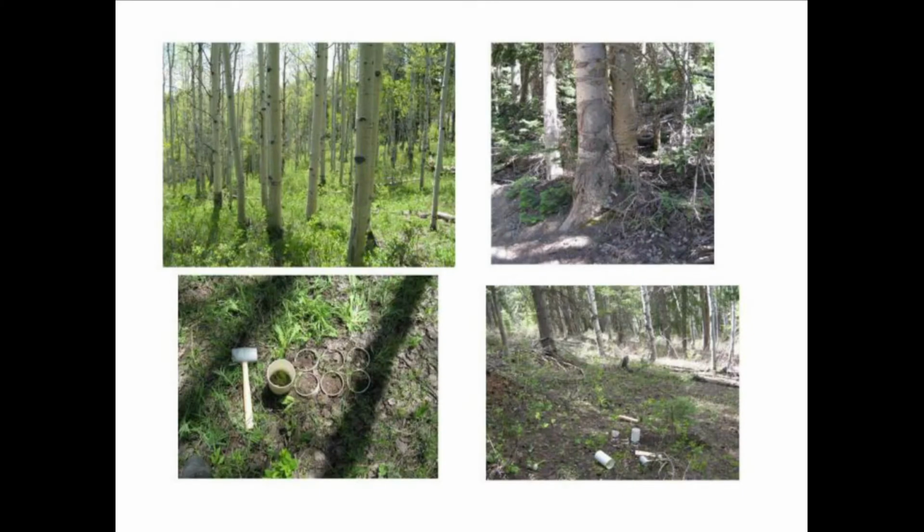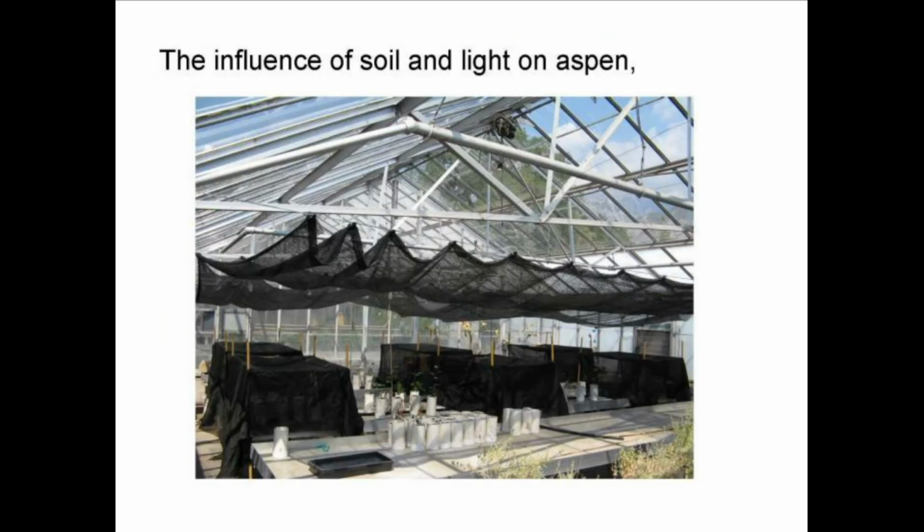So we did a controlled study to look at this. We collected soil cores underneath pure aspen stands and then in mixed aspen conifer stands. And we came back and conducted a greenhouse study where we manipulated light conditions, and based on where we collected them from, we had aspen soil cores and conifer soil cores.